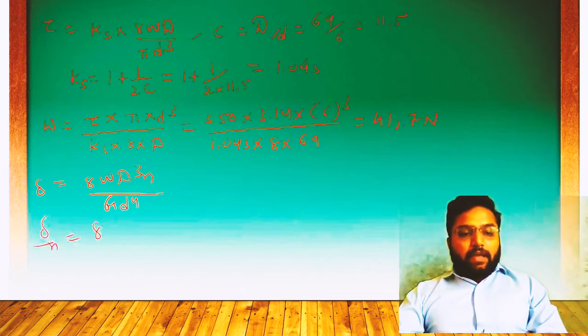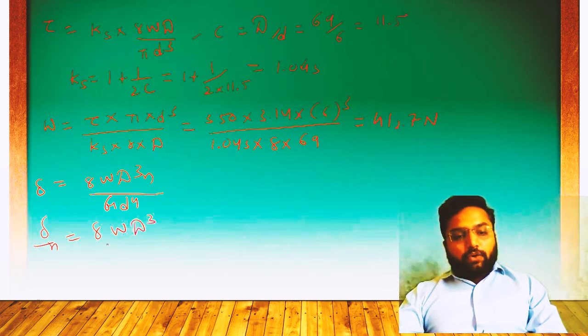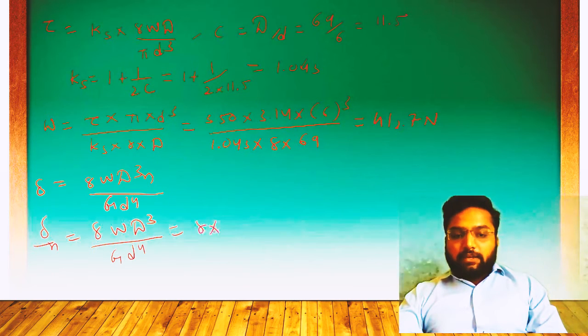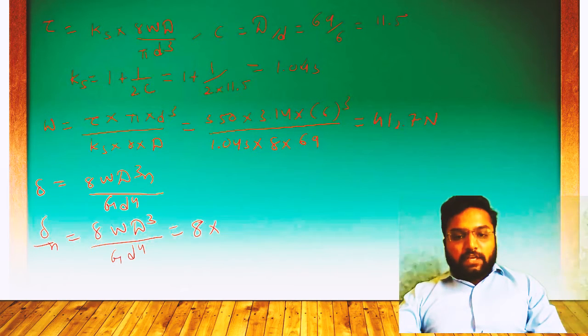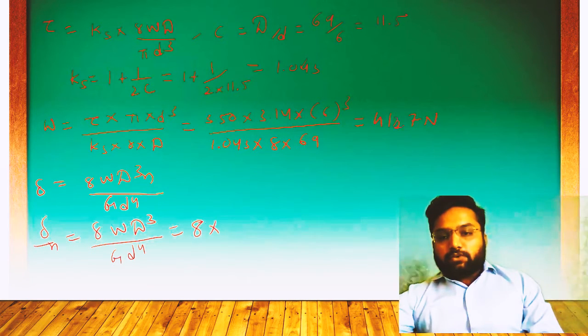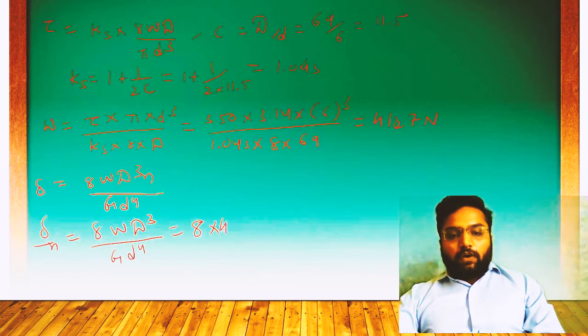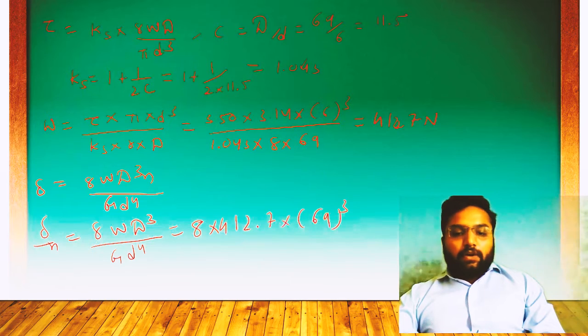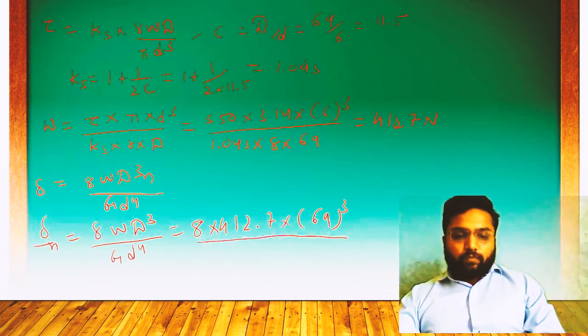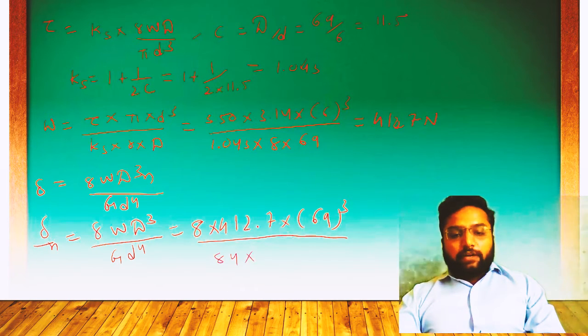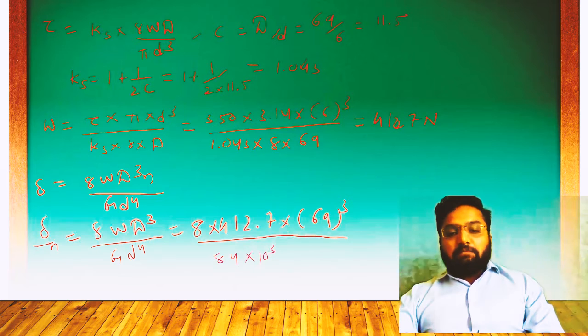So it will be 8WD cube divided by G d raised to 4, which is 8 into W, which is 412.7, into 69 cube, divided by G, which is given as 84 into 10 raised to 3. Everything will be in mm, so it will be 6 raised to 4.